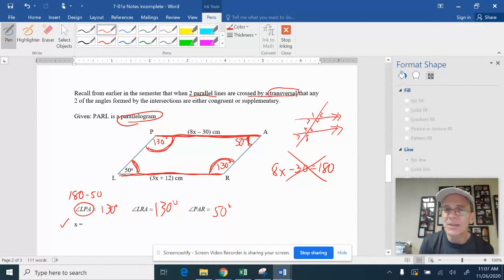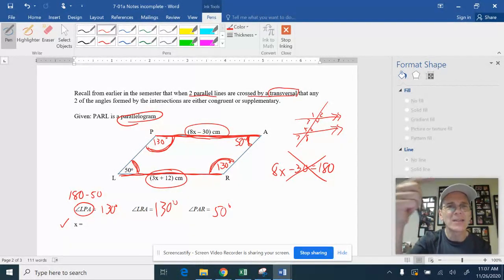But couldn't we say something about this 8x minus 30 and this 3x plus 12? Don't they seem like they should be related to each other? They're opposite sides of this parallelogram. Don't those two sides look like they are congruent to each other?